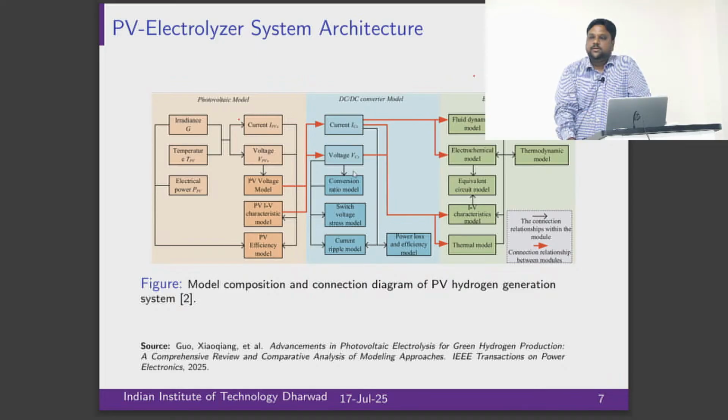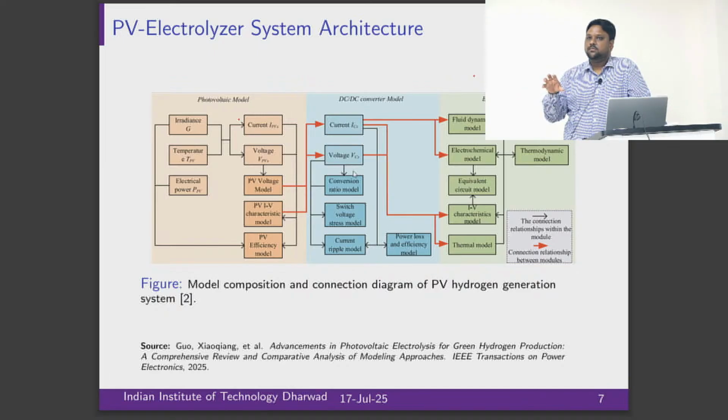In the next slide I will tell you there are different types of architectures for this solar PV power fed electrolyzer. But what I mean to say is, in case you are using a DC-DC buck converter, if your solar voltage is already sufficient, you don't need one, but if your solar output voltage is not sufficient, maybe you use some kind of DC-DC boost, or if you want to reduce to the electrolyzer level voltage, you make it a DC-DC buck converter. Okay.